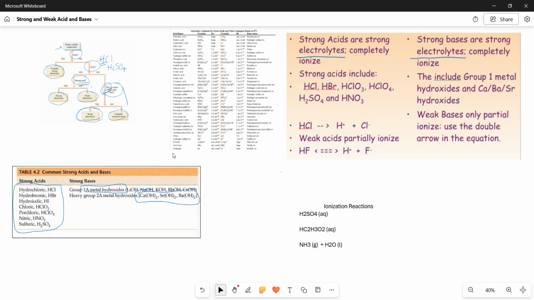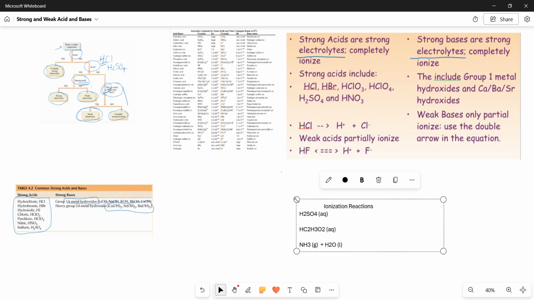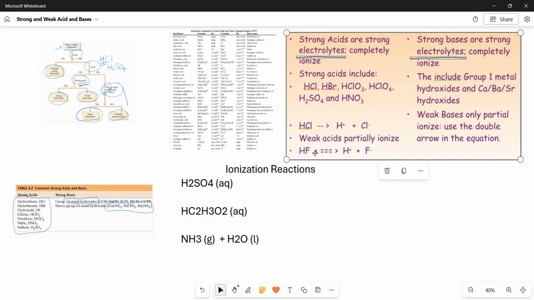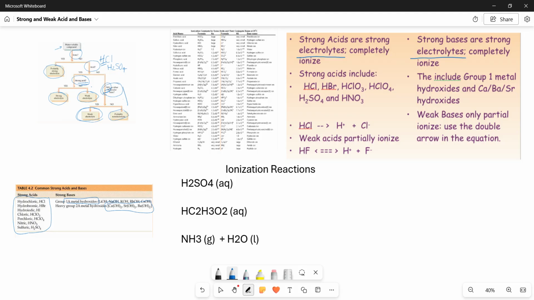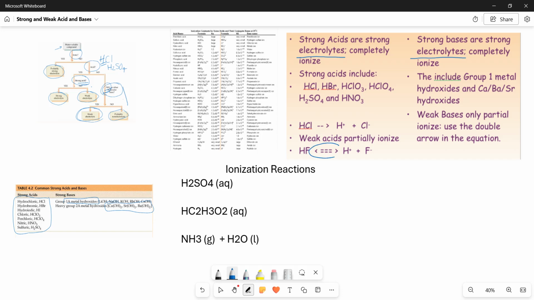Okay, so let's talk about ionization. I have 3 examples here that I'm going to do with you. I do want to quickly go back to these notes here. If it's weak, you can see that this HF is considered a weak acid. When it ionizes, it goes from its compound form to its ions.